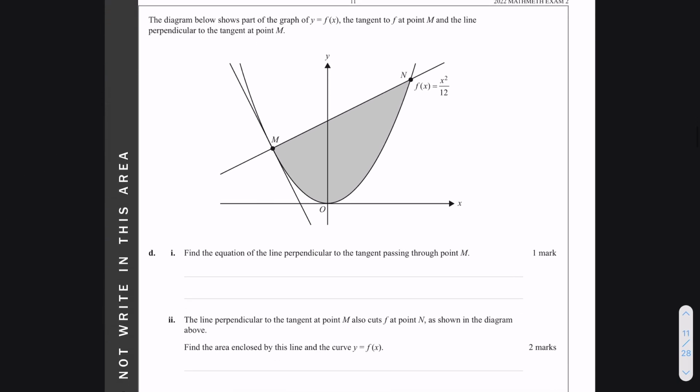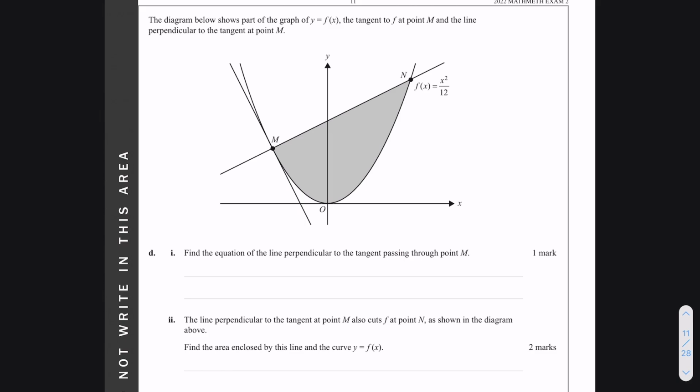All right. The diagram below shows part of the graph of y equals f of x, the tangent to f at point M, and the line perpendicular to the tangent at point M. Find the equation of the line perpendicular to the tangent passing through M. That's pretty easy to be done on the CAS.